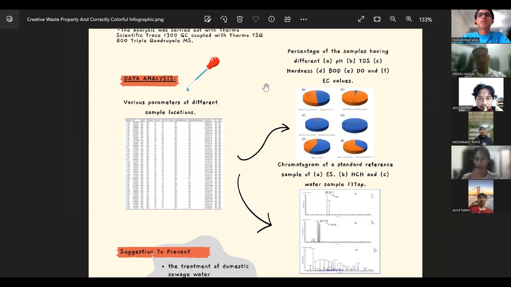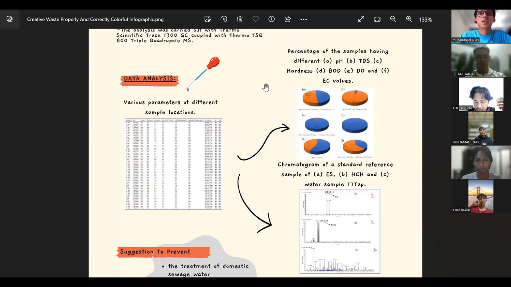The BOD values ranged from 0.2 to 2.2 milligram per liter, with an average value of 0.77 plus minus 0.552 milligram per liter. The values are significantly lower than the permissible limit of 3 milligram per liter.